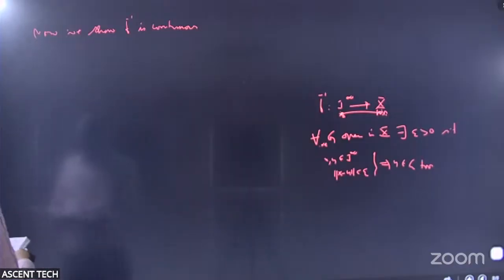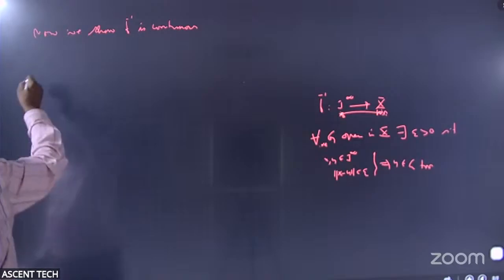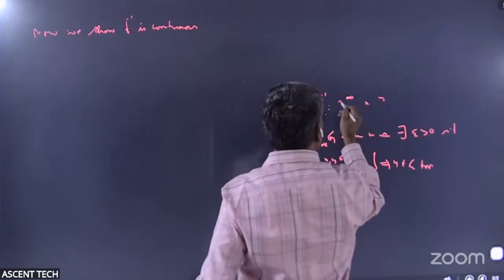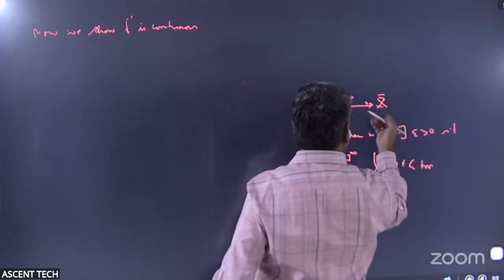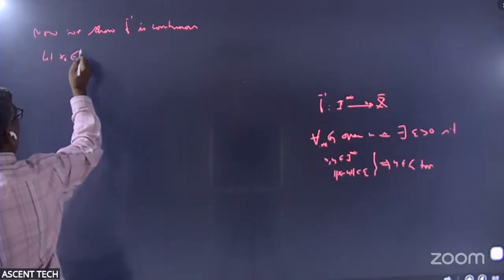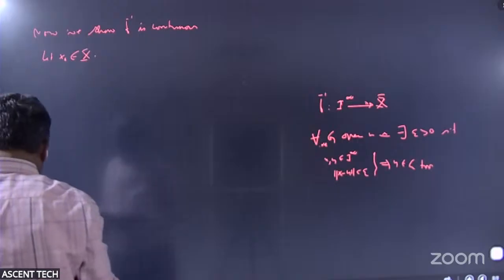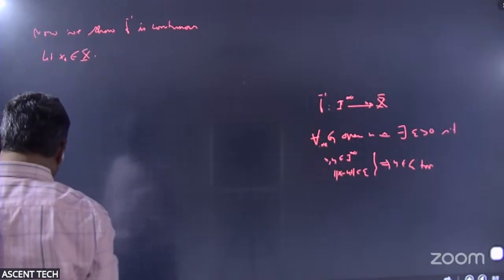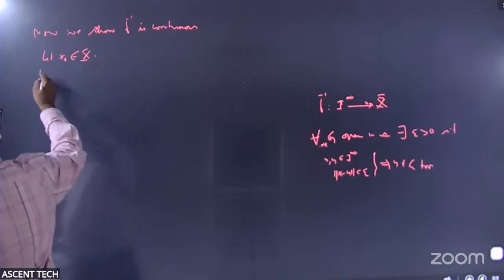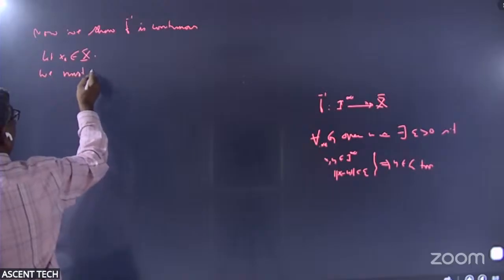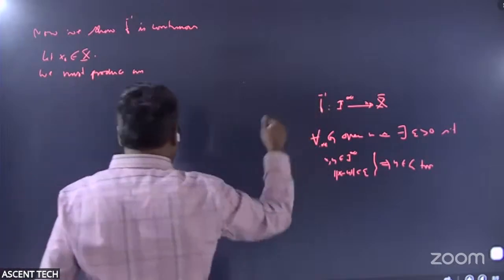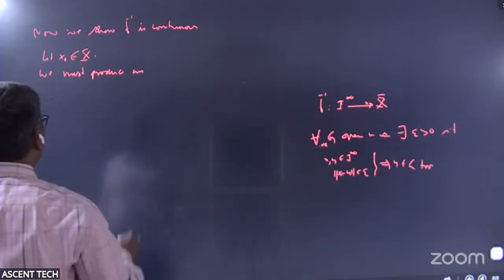Let x naught belong to X. For every open set, you have to produce an epsilon greater than 0. That's what it is.